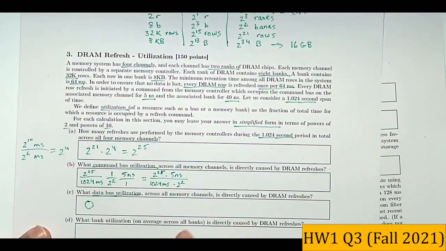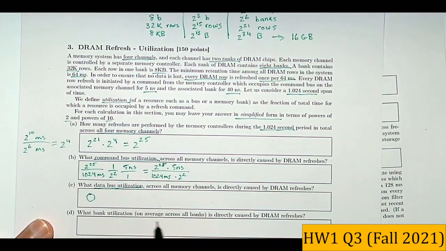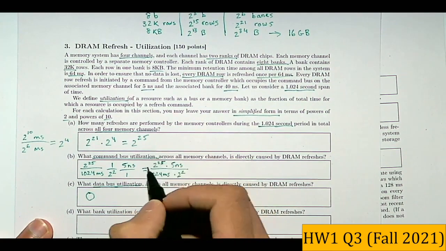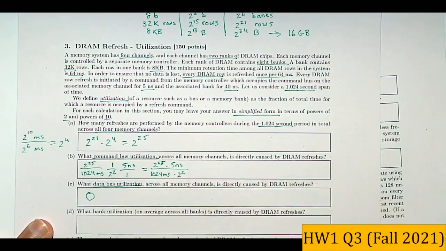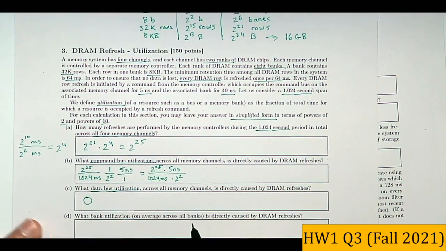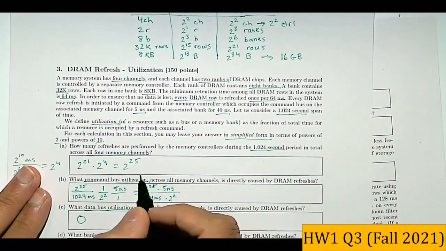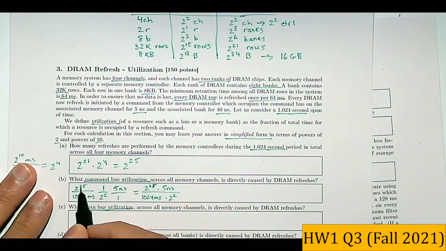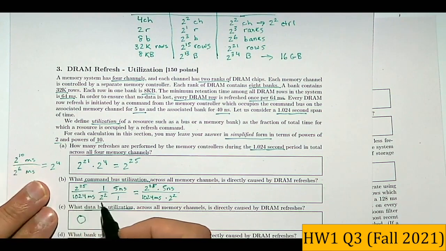And the last part asks for what bank utilization on average across all banks is directly caused by DRAM refreshes. So how we approach this part of the question is very similar to part B, right, where we asked about the command bus utilization, except here we had 4 different memory channels, and so we were trying to figure out the number of refreshes per channel, right?